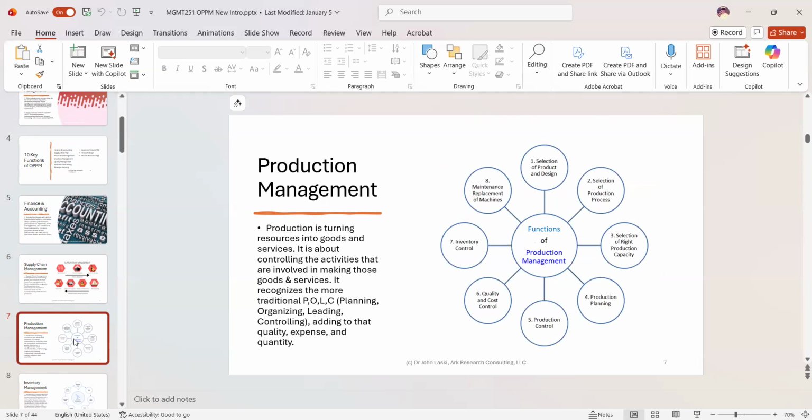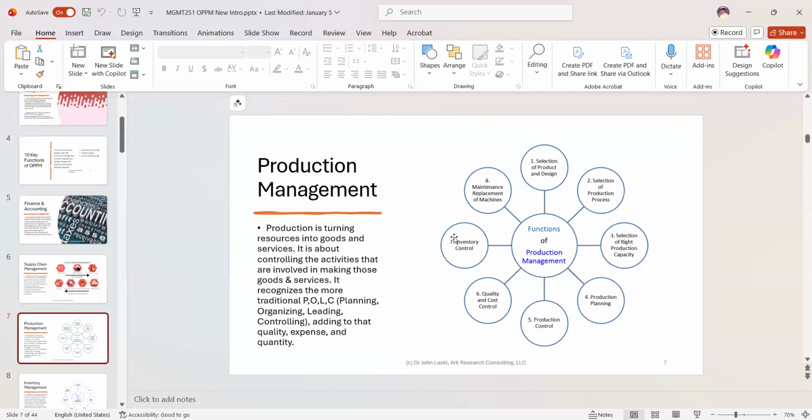The production management side of this is turning resources into goods and services. It's about controlling the activities that are involved in making those goods and services, and it recognizes somewhat the more traditional POLC, planning, organizing, leading, and controlling elements, but we add to that things like quality, expense, quantity, and so forth.